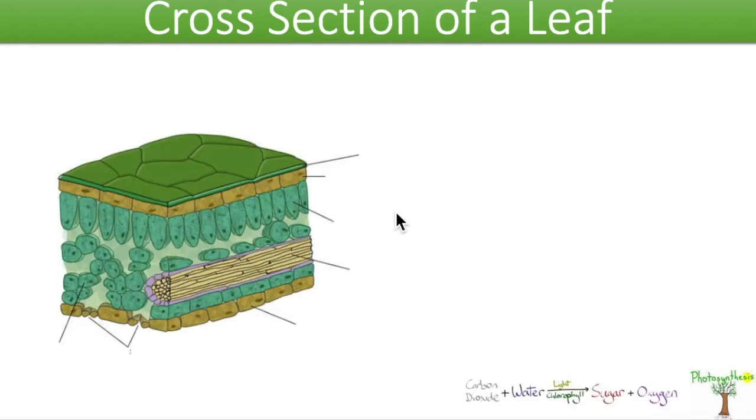If we were to look at the cross section, that means if we were to get a leaf, cut it down, and then look through the side of it, this is what it looks like. Okay, it's got lots of different layers of cells. So the first top part is called the waxy cuticle.